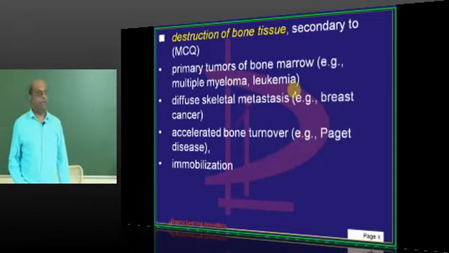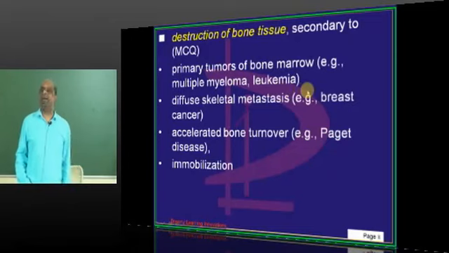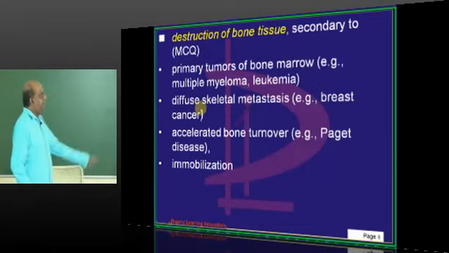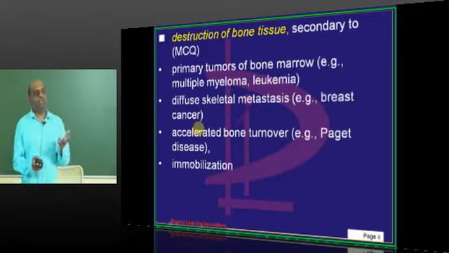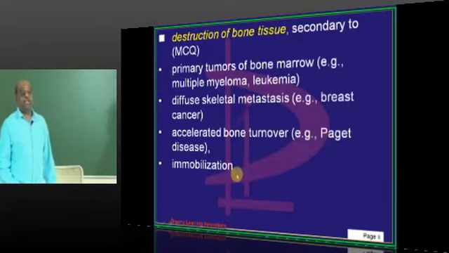In multiple myeloma you have an osteoclast activating factor, OAF, released, that destroys the bone and releases the calcium, leading to hypercalcemia. Then any diffuse skeletal metastasis, like breast cancer, can destroy the bone and release the calcium leading to hypercalcemia. Or a Paget's disease like condition, there can be accelerated bone turnover, or any prolonged immobilization.